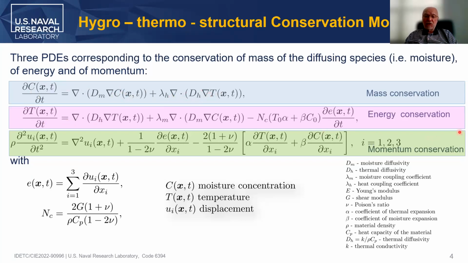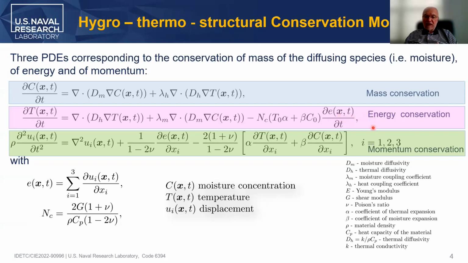Similarly, in the energy conservation form, which essentially is the heat equation in the local form, you see that in addition to temperature, we have here moisture, but also we have mechanical effects. We have the strains that play a role.